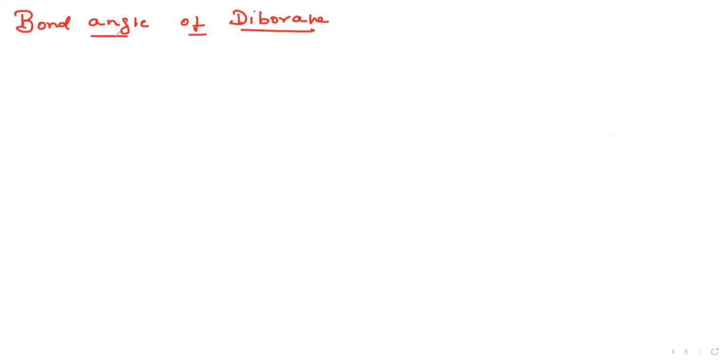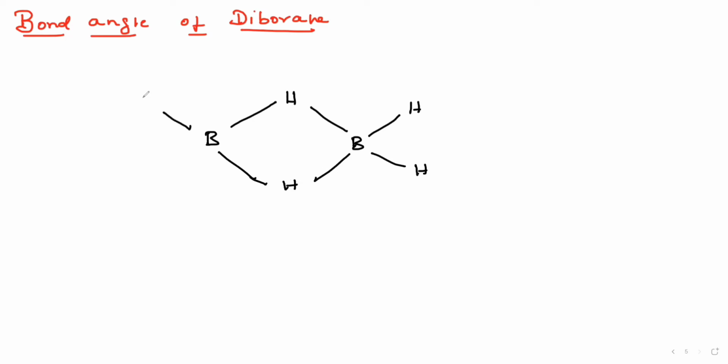See, very simple. Based on electron, we can find a bond order, right? Now here boron. Here hydrogen atom. Here also boron. Here hydrogen, here hydrogen, here hydrogen, here hydrogen, here hydrogen. Okay, listen.